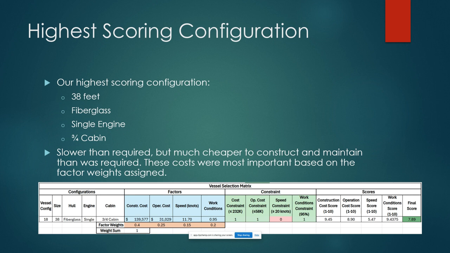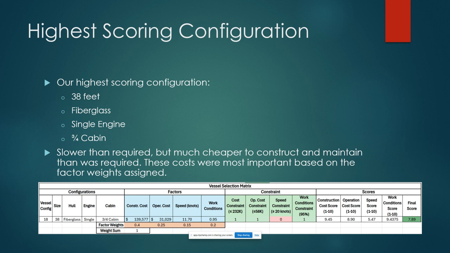So this vessel excelled in 3 out of 4 of the factor categories. Although it did underperform in the speed constraint, only reaching 11.7 estimated knots out of the 20 sustained knots. It was significantly cheaper to construct and maintain than the other vessels.